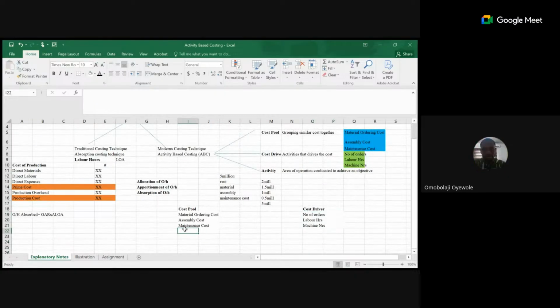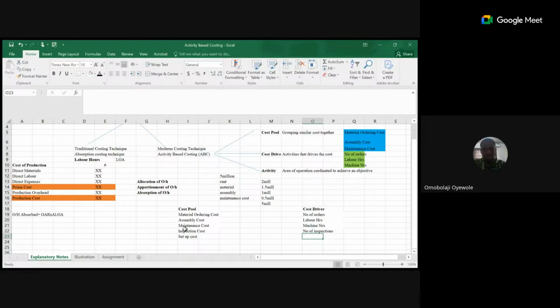All right. So the next one is inspection costs. Another cost pool is inspection costs. So what will be the cost driver for inspection costs? That will be the number of what? Inspections. Another cost pool will be setup costs. What will be the cost driver for setup costs?